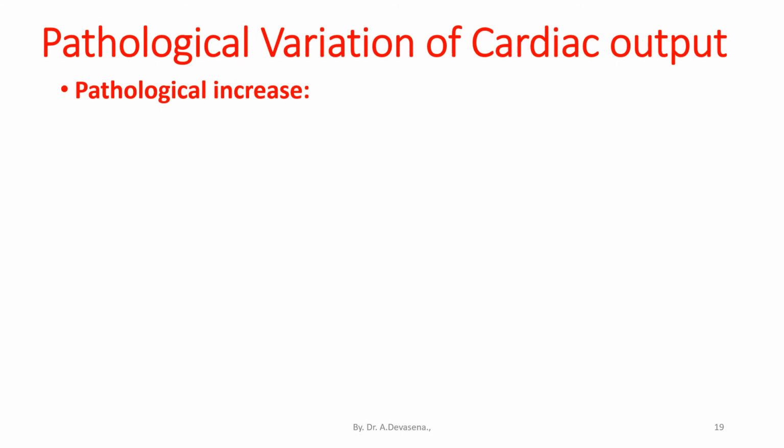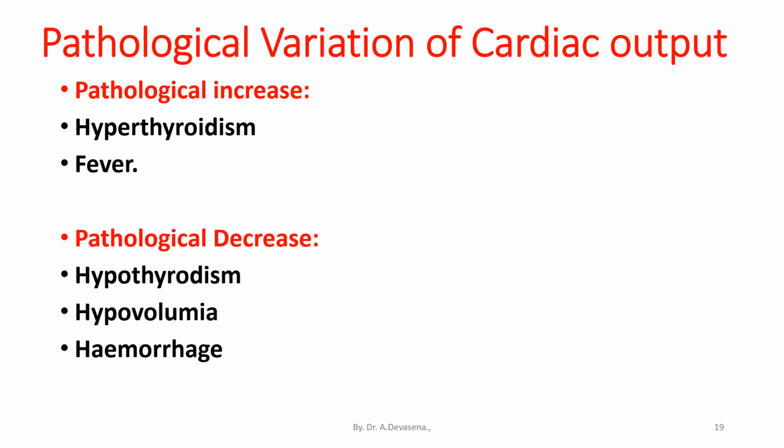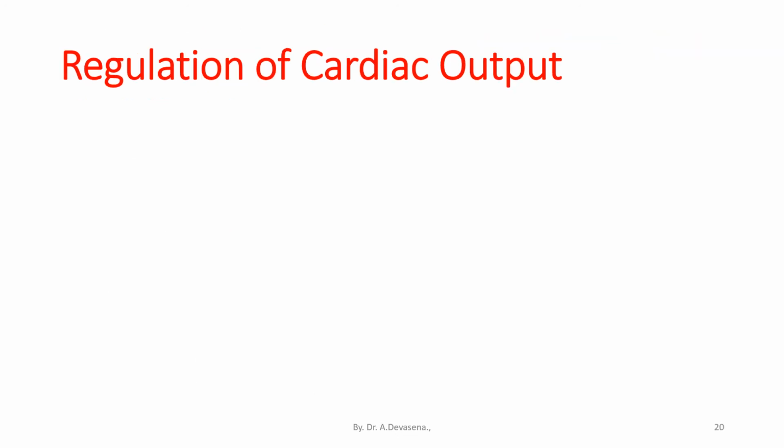We have pathological increase, that is hyperthyroidism and fever. And we have pathological decrease that leads to hypothyroidism, hypovolemia, hemorrhage, and myocardial infarction.